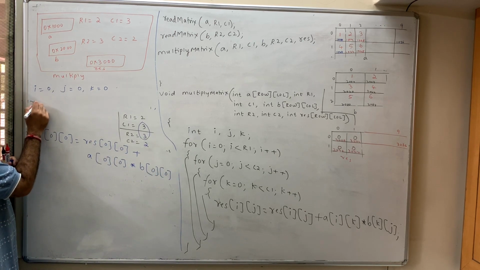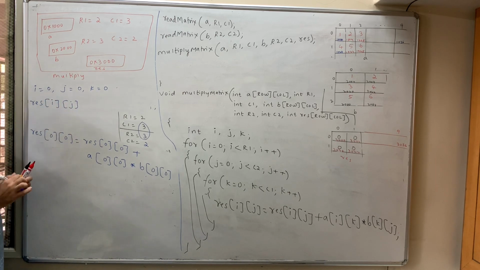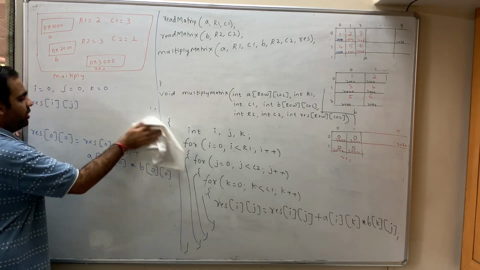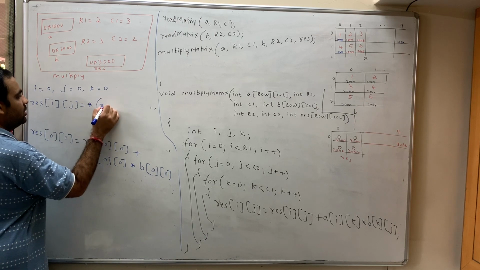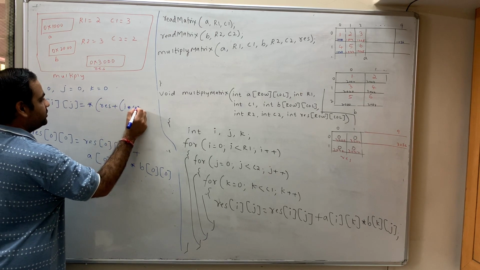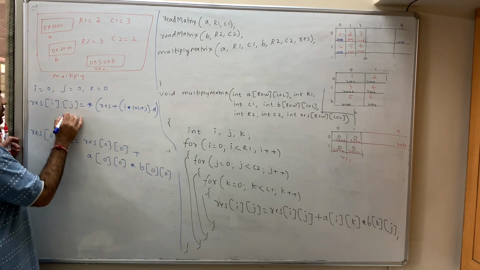What is result of ij? Can anyone say? In pointer notation, what is result of ij? In pointer notation, result of ij is equal to star of result plus i into column plus j, whole thing, is equal to star.